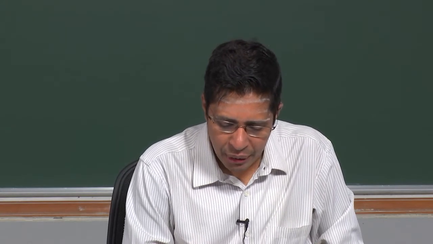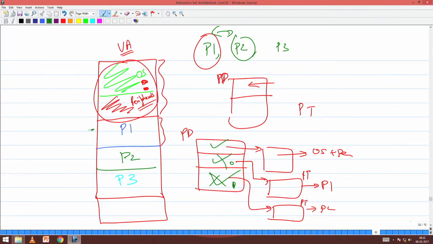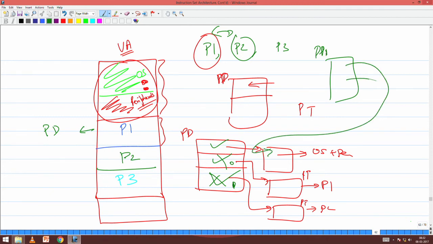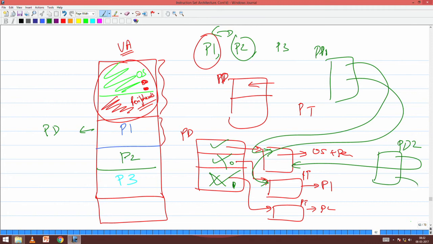So when P1 is executing, I will have one page allocated for the page directory alone, and the pages will be there. There will be one page directory 1 which will point to this and this. When P2 is allocated, there will be another page directory 2, for which I will spend one page, which will point to this and this, and will not point to P1.